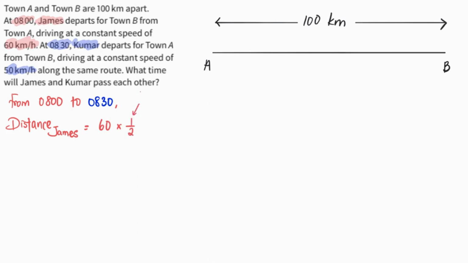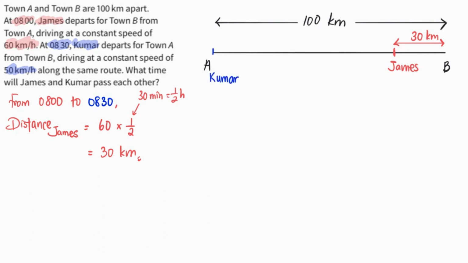Okay, 30 minutes equals half an hour. So this one will be 30 kilometer. Okay, so this part here will be, let me just denote it here. So even before Kumar started traveling, James will have traveled 30 kilometer already. And at this point onwards, then Kumar started his journey.